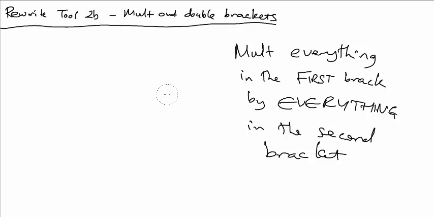So let's stick a few negatives in there. So here you go. First things first, everything in the first bracket multiplied by everything in the second bracket. But before that, remember, this isn't x add 5.